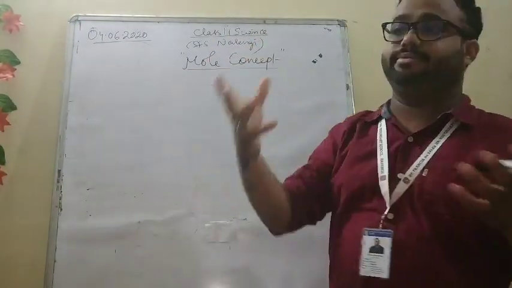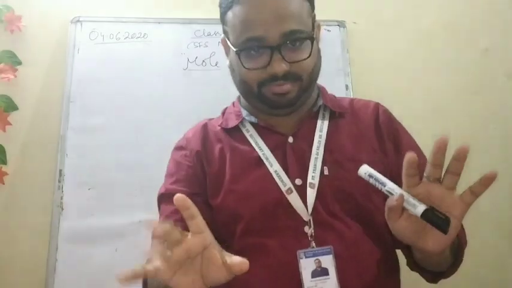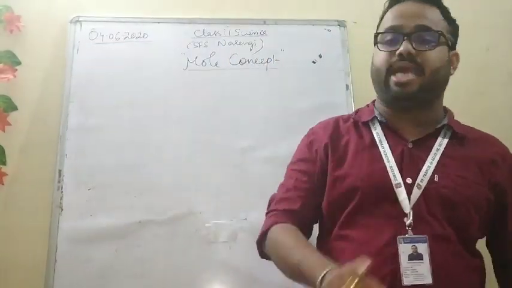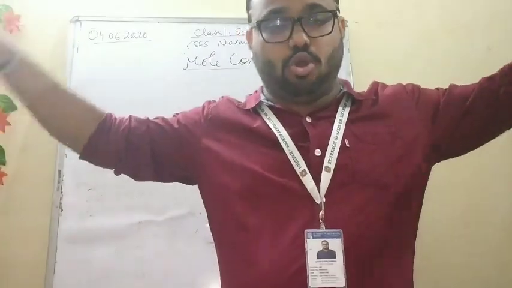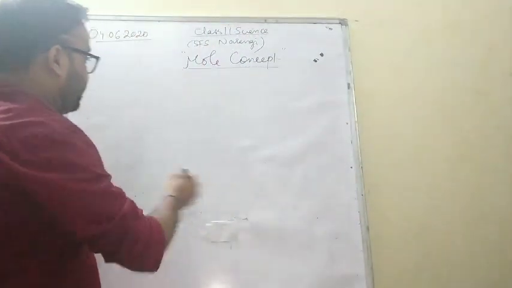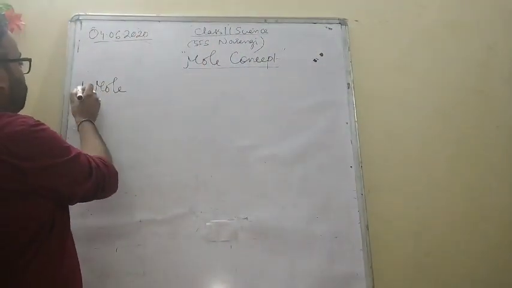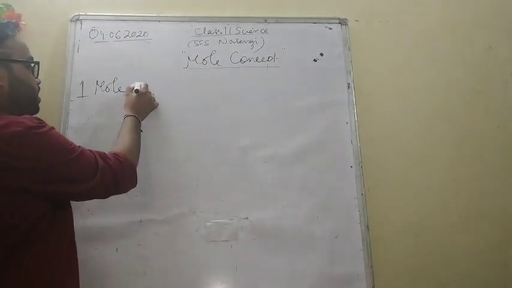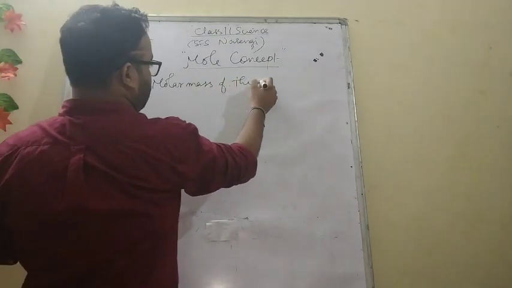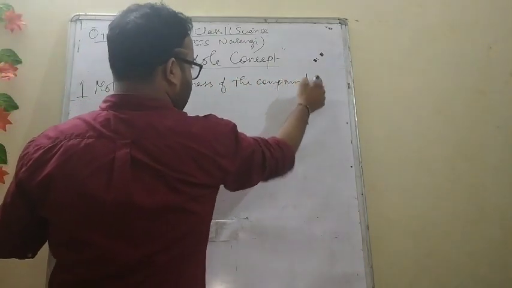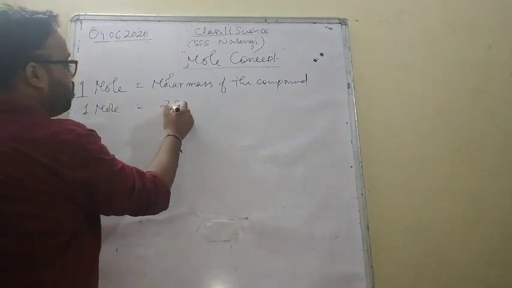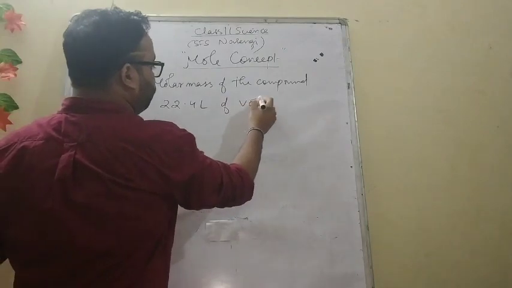Now what is mole? Mole actually is the name of an animal, first of all. But if I talk about chemistry, I would like to say in only one sentence what a mole is. Only one line will tell you what a mole is. And that line is: 1 mole is always equal to the molar mass of the compound. 1 mole is always equal to 22.4 liter of volume.